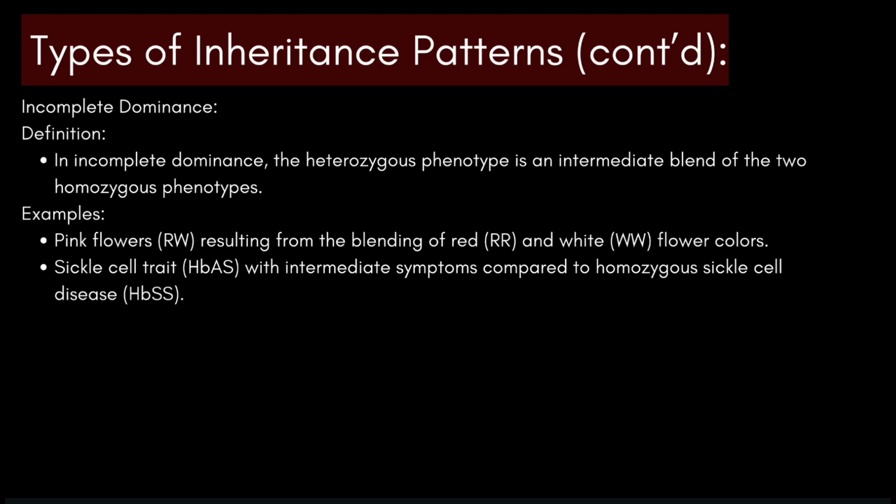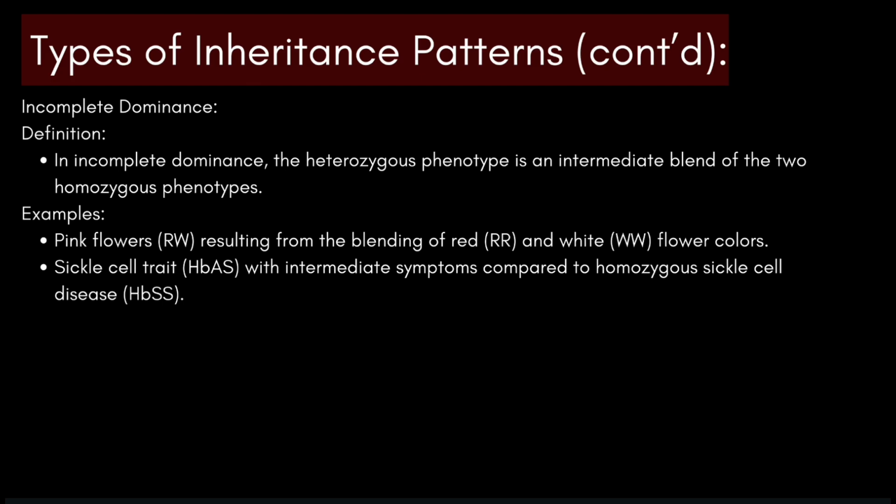Incomplete dominance. In incomplete dominance, the heterozygous phenotype is an intermediate blend of the 2 homozygous phenotypes. Examples include pink flowers, RW, resulting from the blending of red, big R, and white, big W, flower colors.